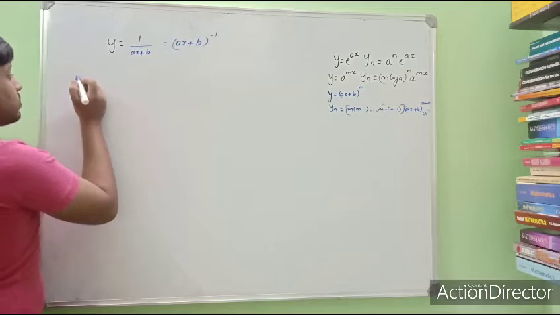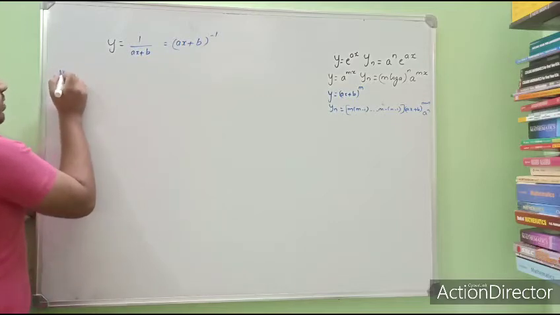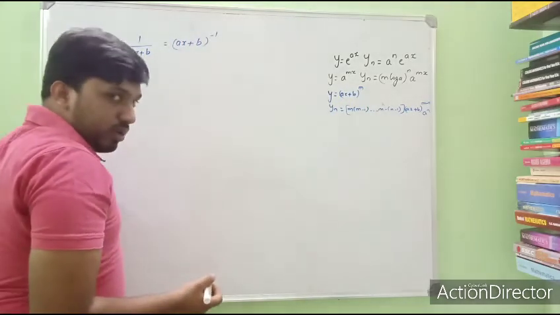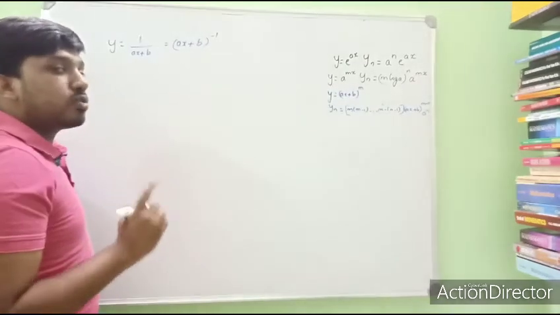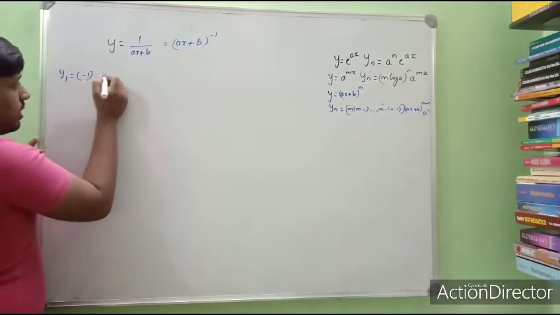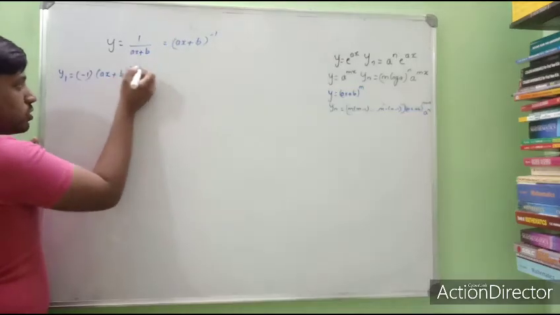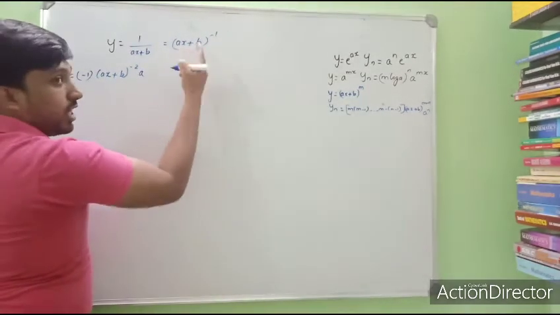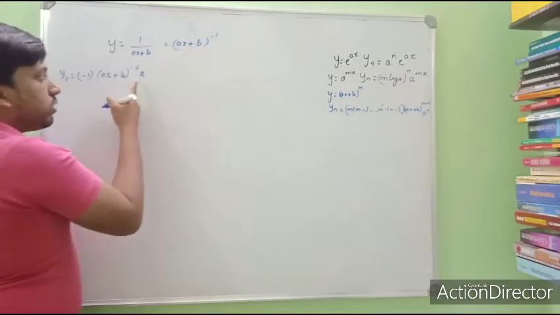What's going to happen with respect to the first derivative? y1 is nothing but, we'll apply the derivative of x to the power of n is equal to nx to the power of n minus 1. It's going to become minus 1 into (ax plus b) to the power of minus 2 into a. Because again chain rule, be careful, you have to write a.